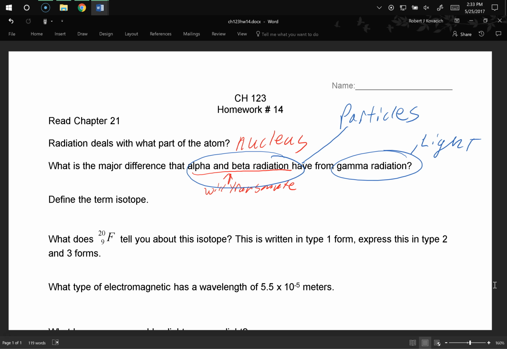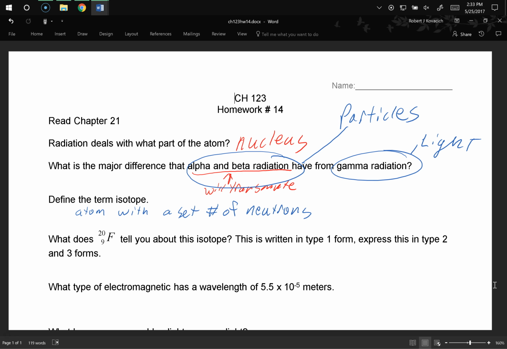Isotope? I wrote that. I don't actually have to have two things to talk about isotopes.